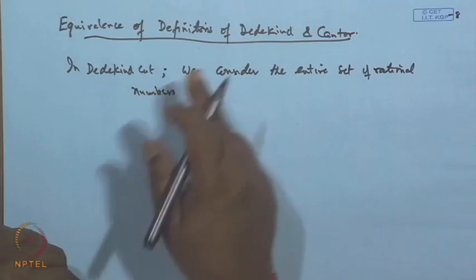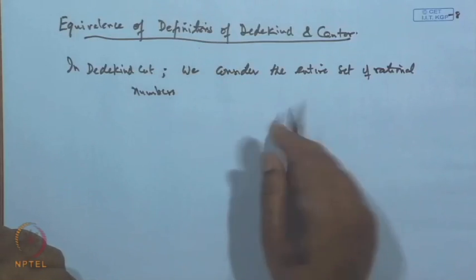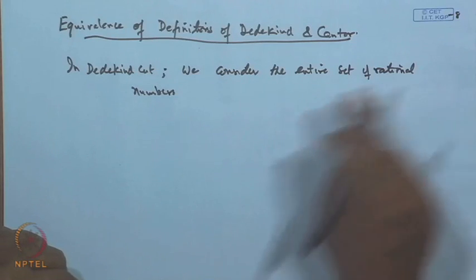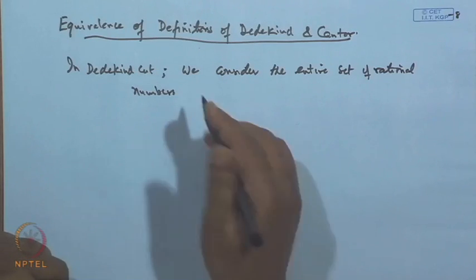Then we say a lower class and an upper class, and any rational number belongs to either the lower class or the upper class. So, in Dedekind theory or Dedekind cuts, we consider the entire set of rational numbers together at a time.